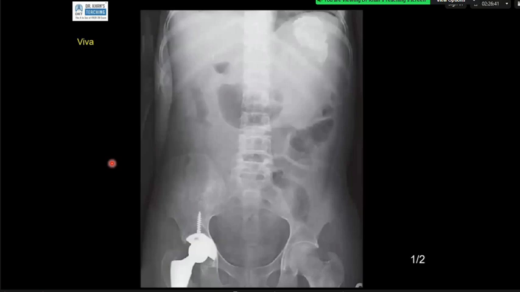total hip replacement prosthesis. There is a calcification seen in the left upper quadrant, at the anatomical site of the spleen.